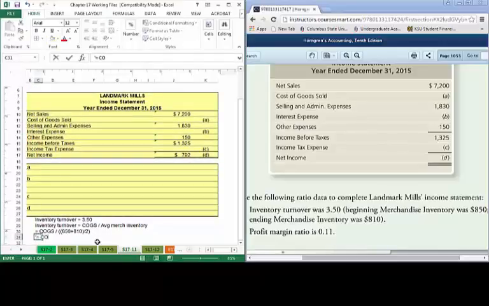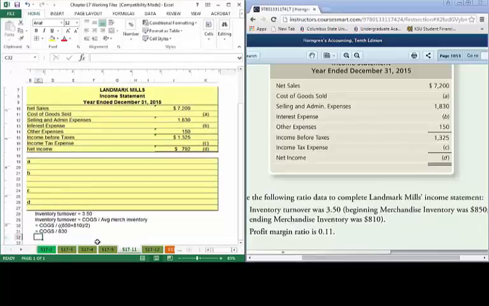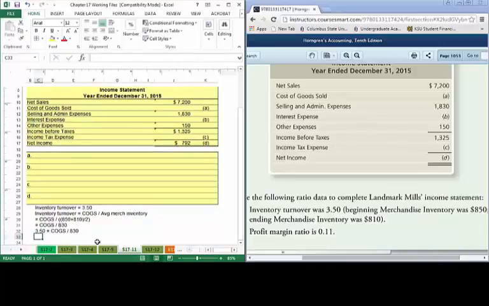So this is going to be cost of goods sold divided by, we take 850 plus 810, which is 1660, divided by 2 is 830. So 3.5 is equal to X, cost of goods sold, divided by 830. So if I multiply 3.5 by each, 3.5 times 830, because I want to get rid of it, doing some algebra here.